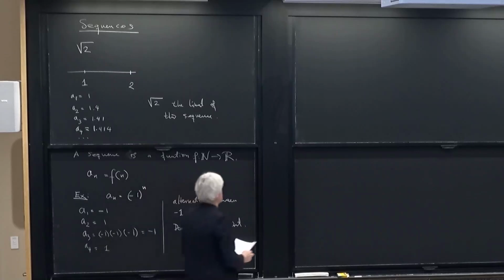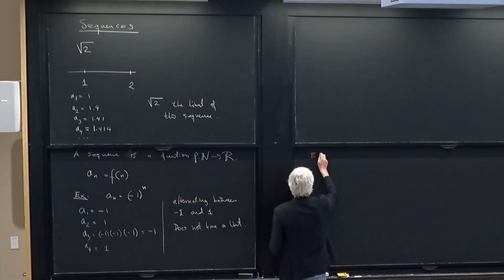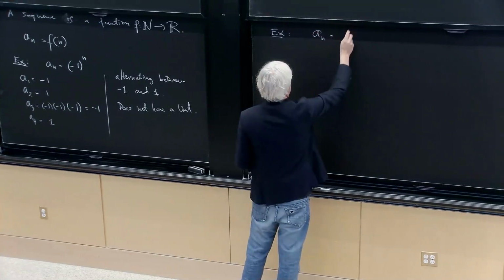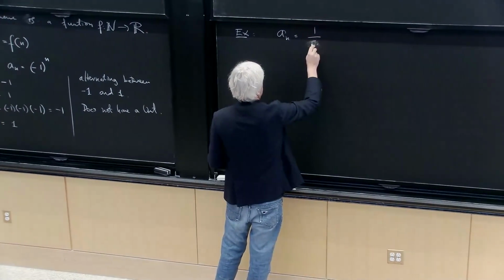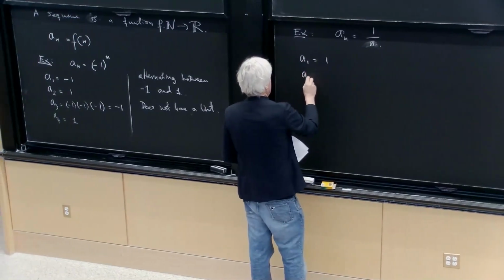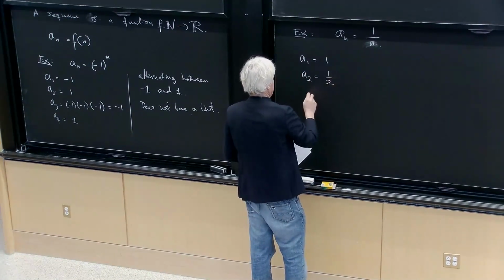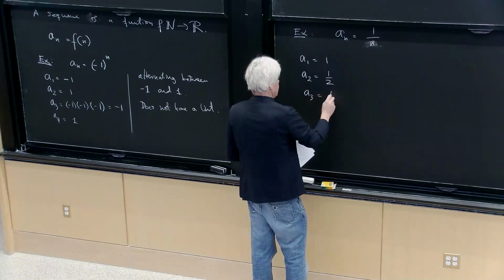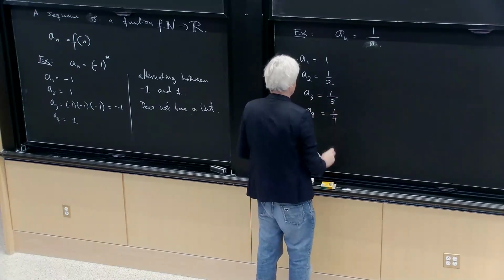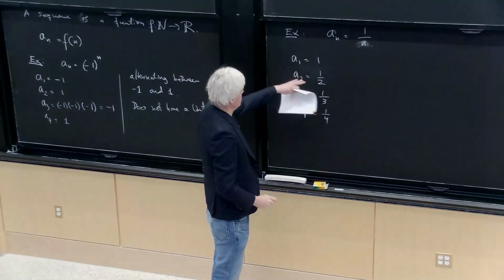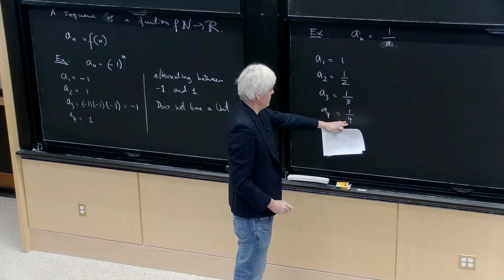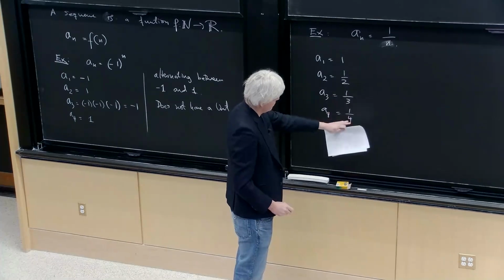An example of a sequence is a decaying sequence like this: a_n is equal to 1 over n. So a1 is equal to 1, a2 is equal to a half, a3 is equal to a third, and a4 is equal to 1/4. These numbers are all positive, and they become smaller and smaller.